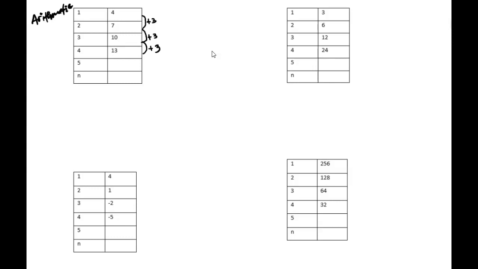But the explicit formula allows you to find any term of that sequence, the value of any given term. For the explicit formula, you do not have to know the previous term, whereas for the recursive formula, you have to know the previous term. So if I want to find the fifth term of that sequence, because I know the previous term, which is the fourth term, and I know that's 13, then I can use the recursive formula.